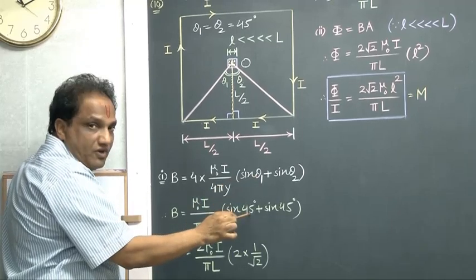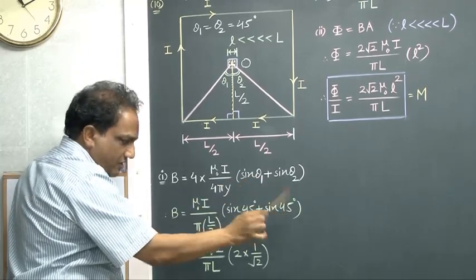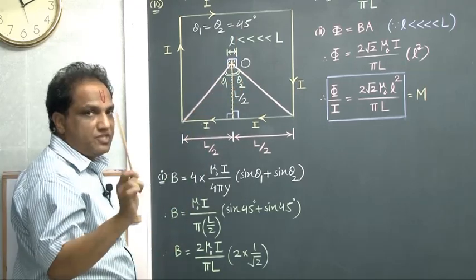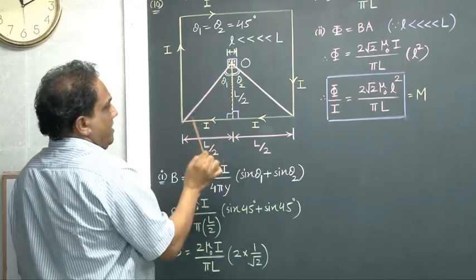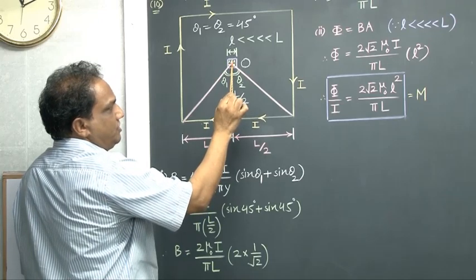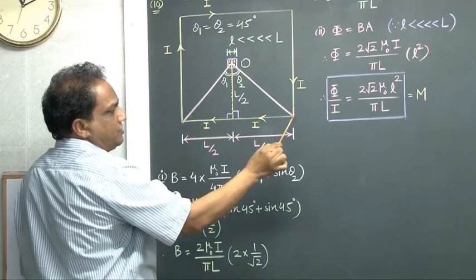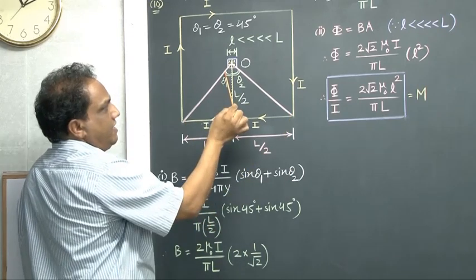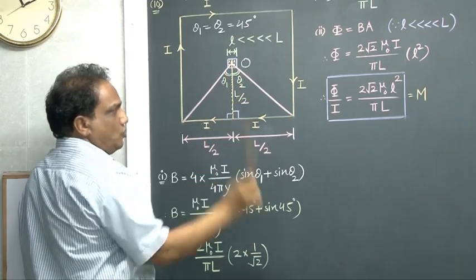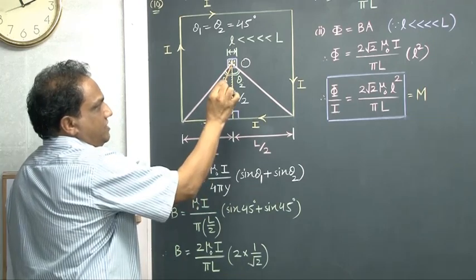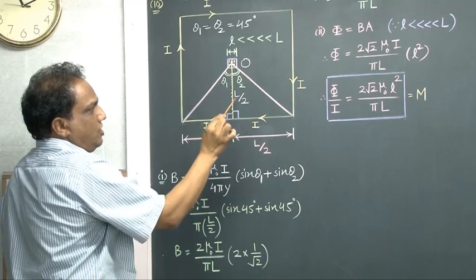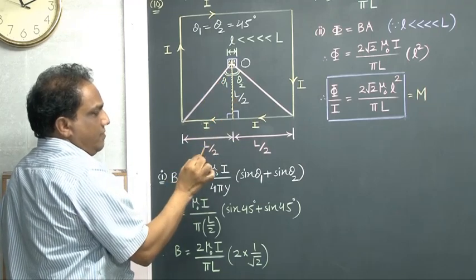Theta 1 is 45 degree, theta 2 is also 45 degree. How are theta 1 and theta 2 45 degree each? Very simple. Look, here you just join this point with the two end points of this current carrying straight wire, and now suppose this angle is theta 1, this angle is theta 2. Whatever is this length, same is this length. This is L by 2, this also is L by 2.